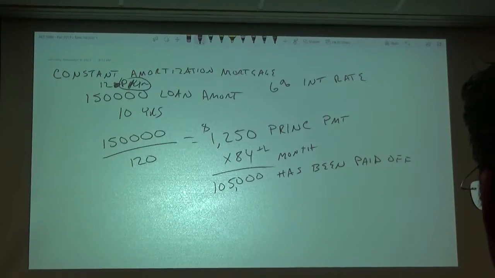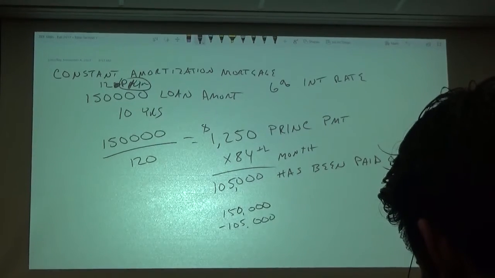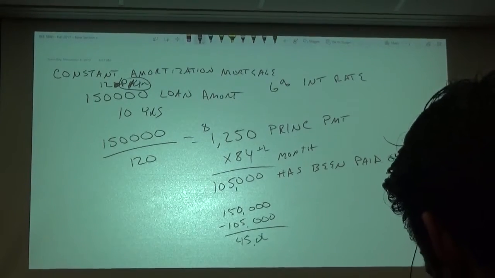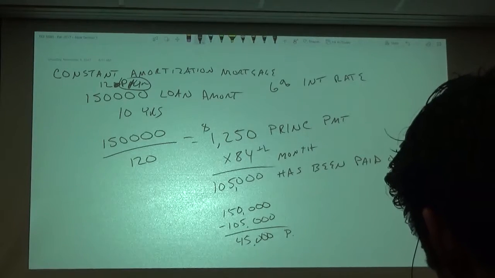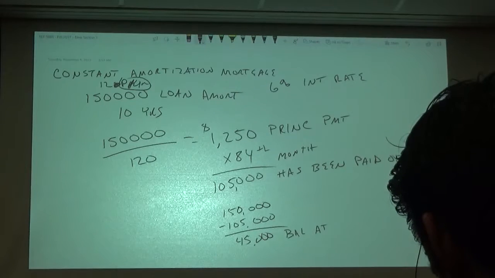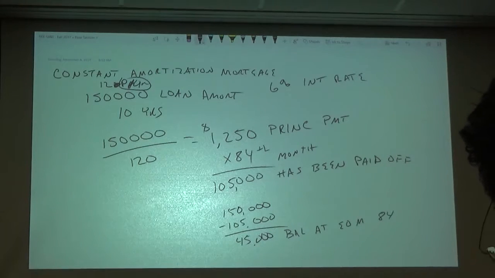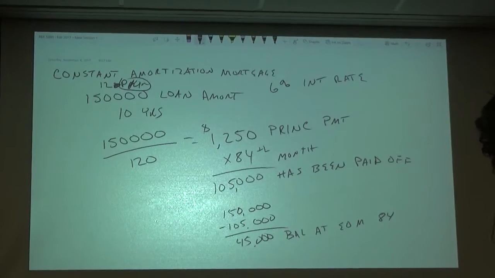Okay? So the balance is going to be the 150,000 minus the 105,000, or 45,000 balance at end of month 84. Okay? Everybody still with me?